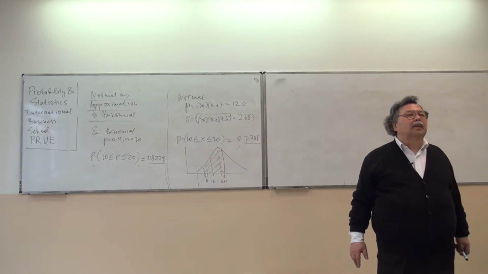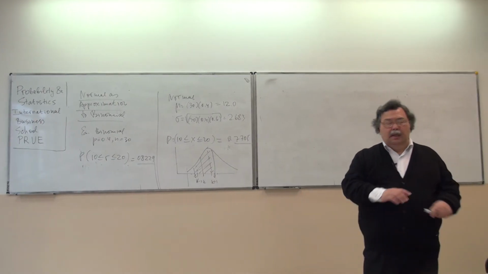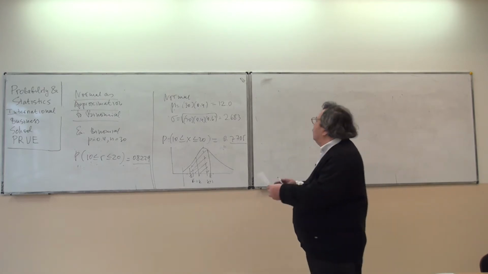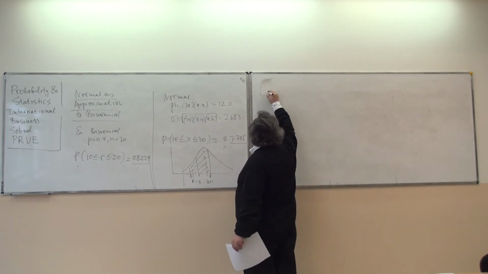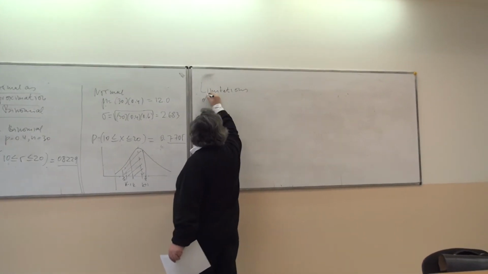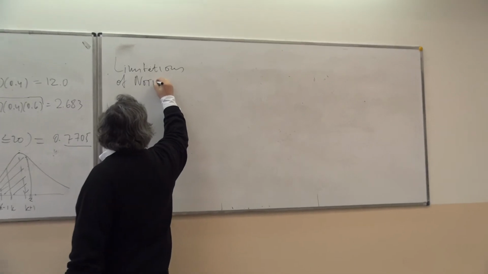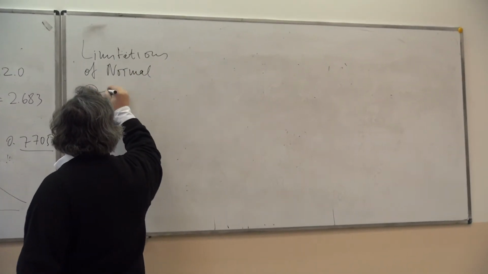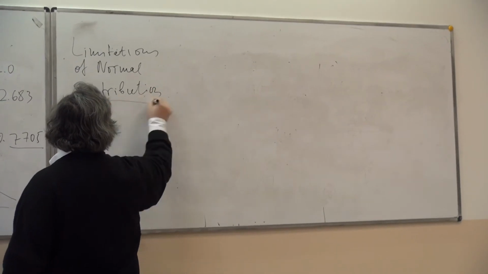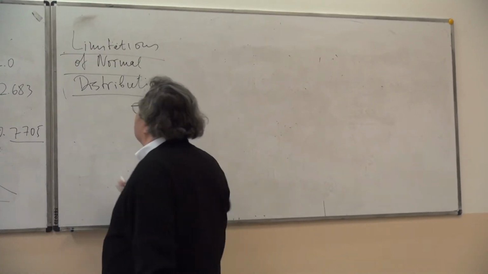Sometimes it's not a good choice. Let's call it limitations of normal distribution. Limitations.